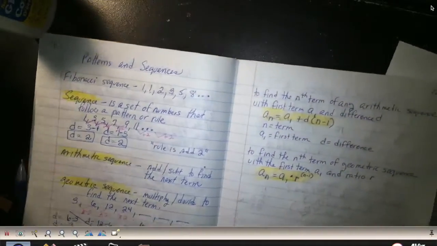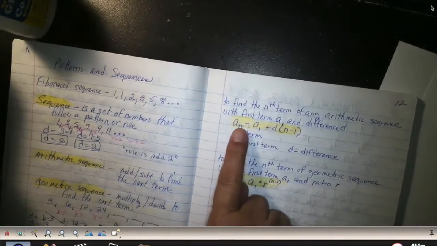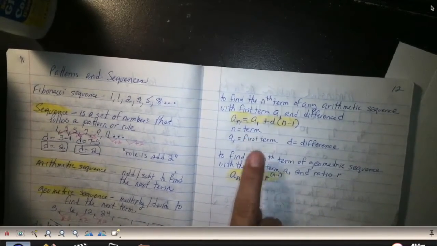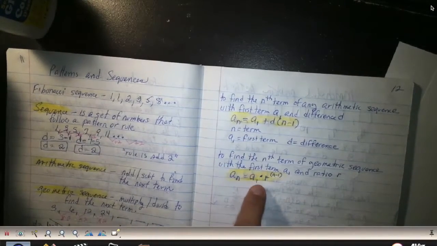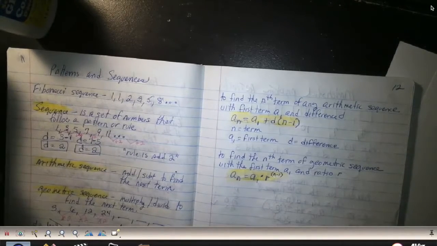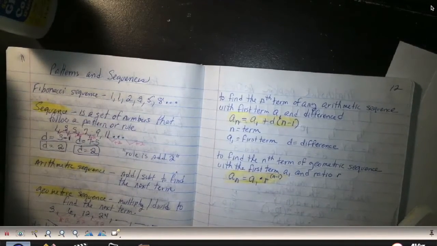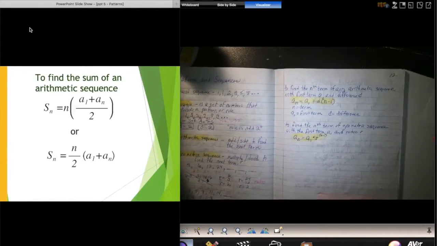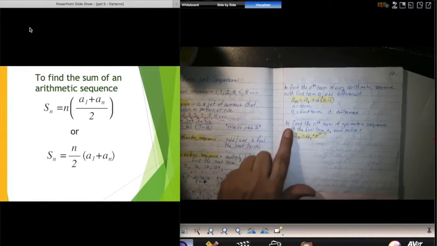So we already did an example using the arithmetic sequence to find the nth term. We have the geometric one, and there's one more formula that I want to give you. Let's go to page 12 and add one more formula that we need to know.